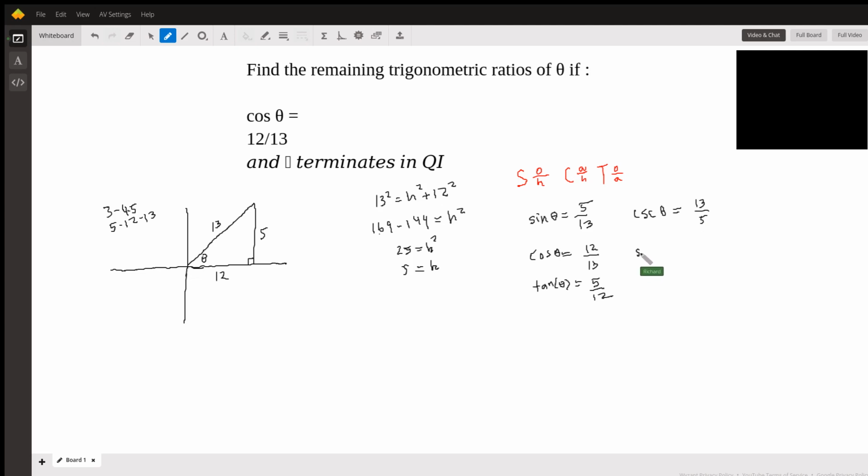And then the secant here is the reciprocal of the cosine, so we just flip that. And then the cotangent is just the reciprocal of the tangent. And if you haven't seen these yet, don't worry. You'll be seeing them soon enough. And those are the 6 trigonometric values for this angle theta. That's all we're being asked to do here.